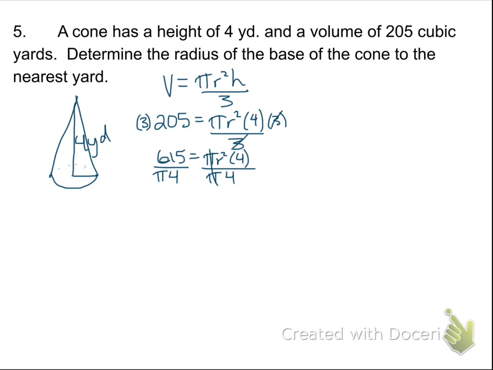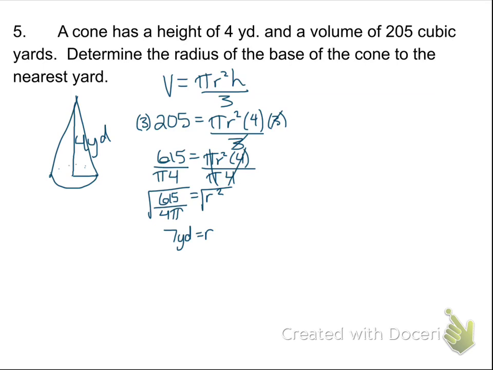Pi divided by pi is 1, 4 divided by 4 is 1. So all that we've got left on the right-hand side is r squared. And I can't really figure out what this is because we're just going to carry all that into our calculator. 615 divided by 4 pi. And then we're going to square root that to figure out what the radius is. So you take the square root of that, and it says to the nearest yard. You round that answer to the nearest yard, and you should get 7 yards.